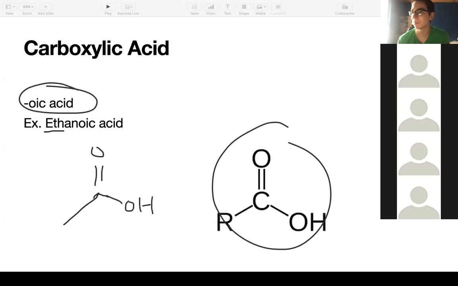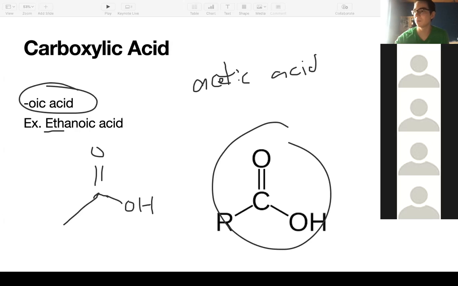Anybody know the common name for ethanoic acid? Acetic. Yeah, acetic acid.